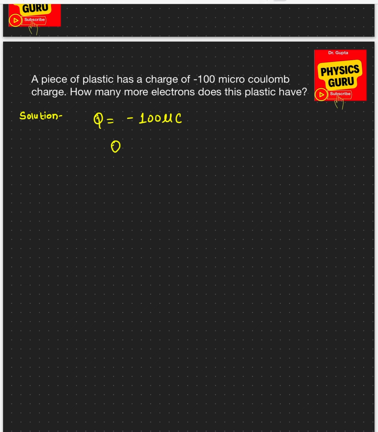You can use this equation n times e, where n is an integer and e is the electronic charge. And this charge here is 1.6 times 10 to the negative 19 coulomb. And from this one, you should be able to find the value of n.